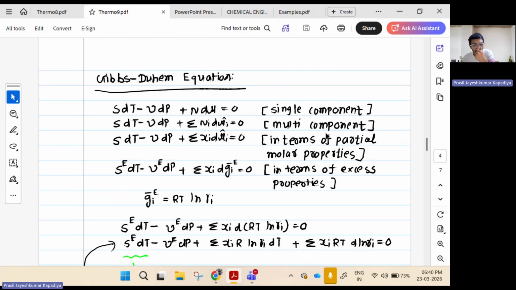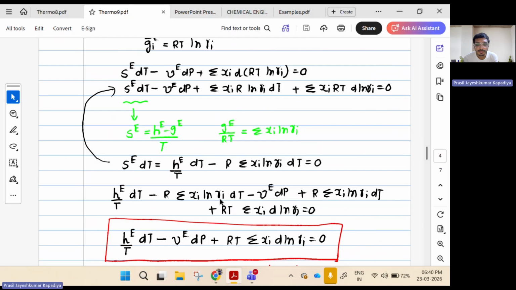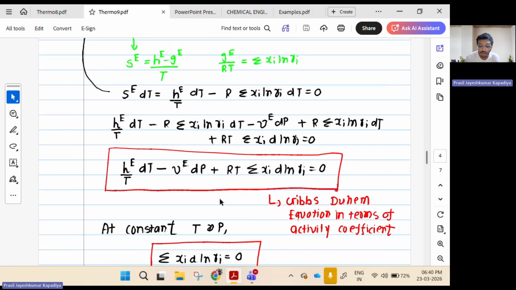Then we dealt with multi-component systems and we wrote in terms of partial molar properties. And then we wrote this equation in terms of excess property, and from excess property, we tried to convert it in terms of activity coefficients.